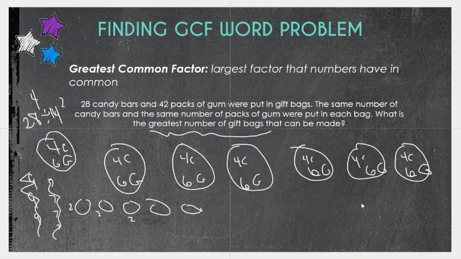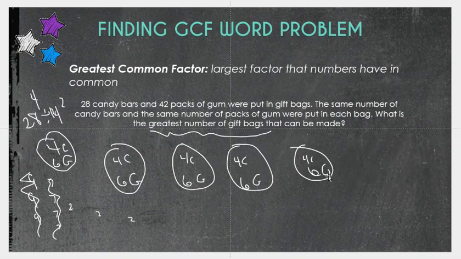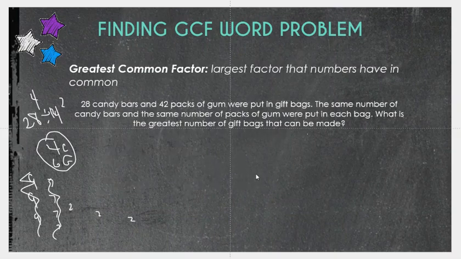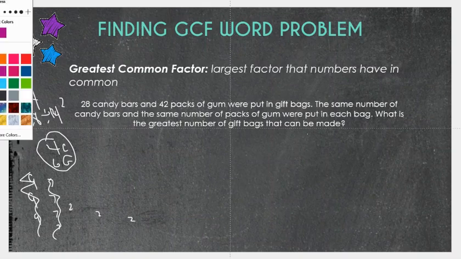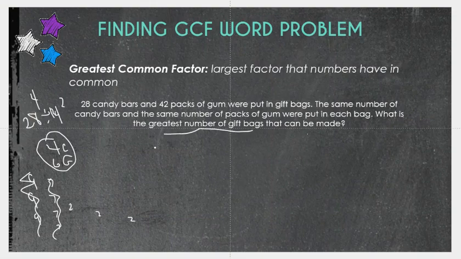Now, if students looked at this and said, okay, it's asking me for the greatest number, and I'm going to be dividing my gum and my candy bars into groups. So I'm going to be dividing, and I want the biggest number possible. If I'm dividing, I'm going to be looking for factors.